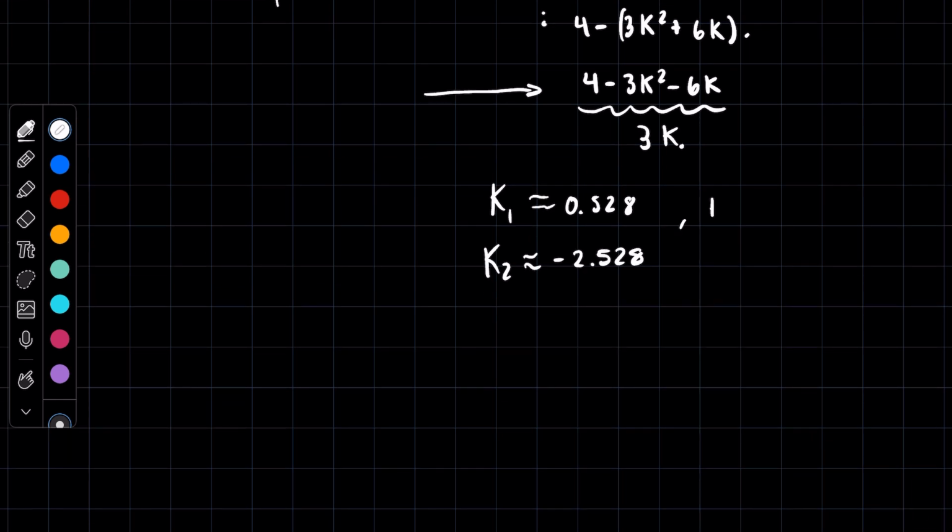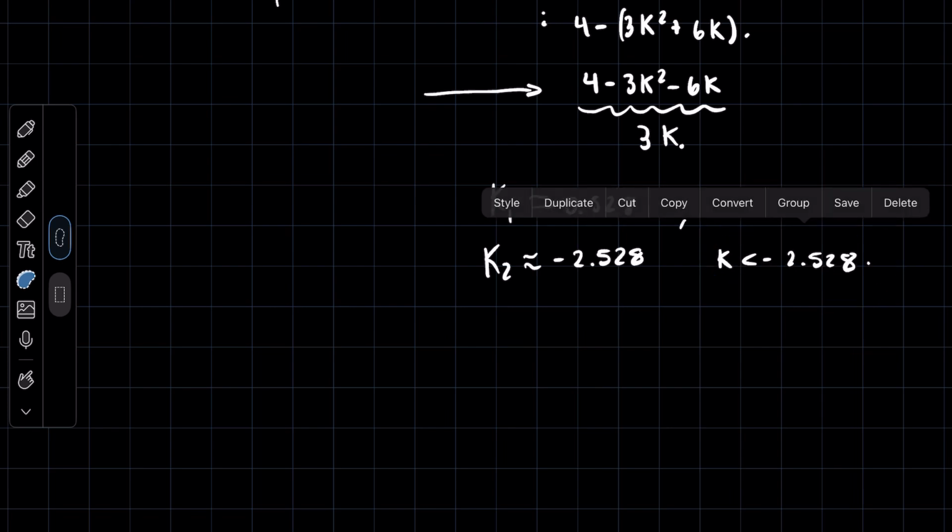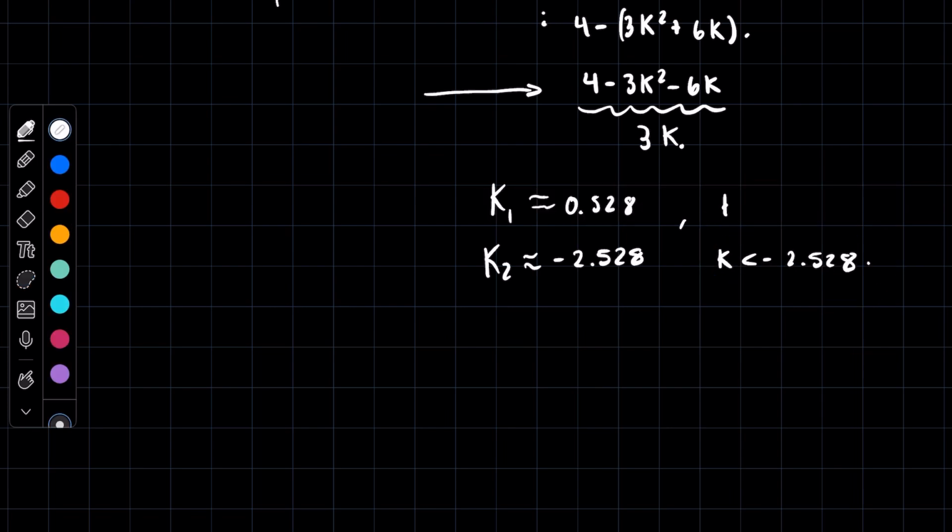Know that k is less than -2 because we did the negative. I'm going to put it right here so as not to cause confusion. And k is greater than 0.528.